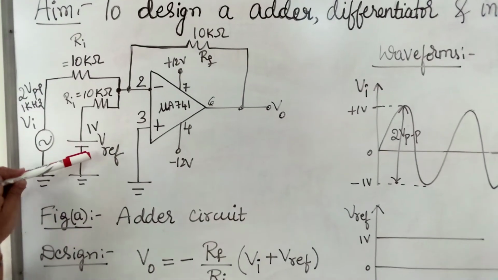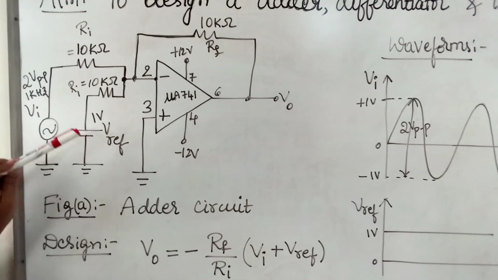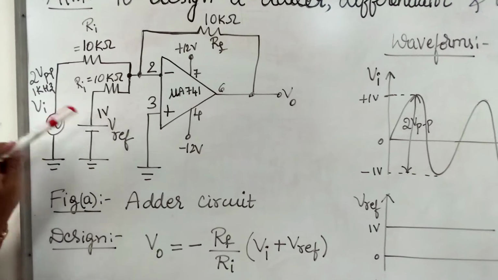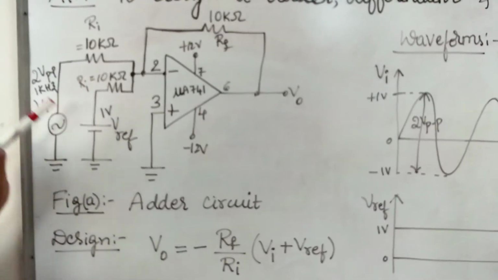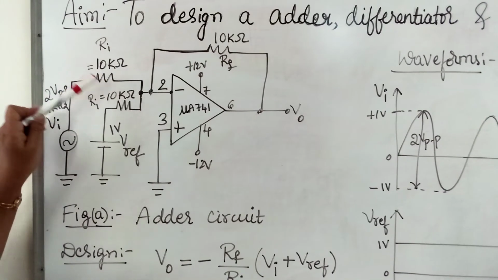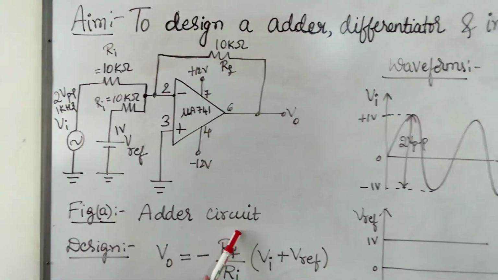One more input signal is provided from the power supply. This is a DC signal of amplitude 1 volt. Both the input signals are provided through resistors of 10 kilo ohm. So this is the circuit diagram of the adder circuit.